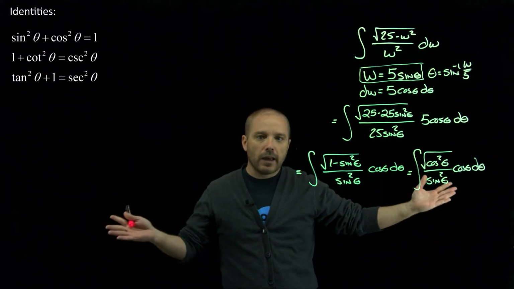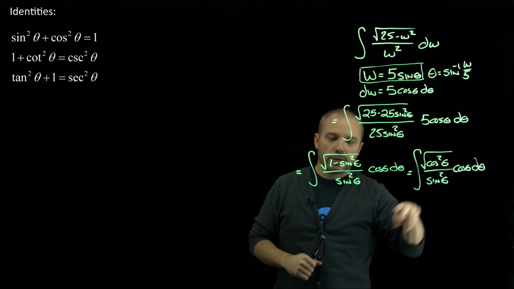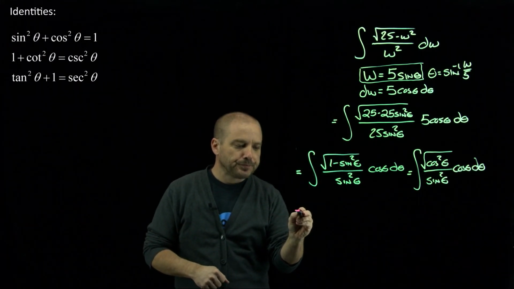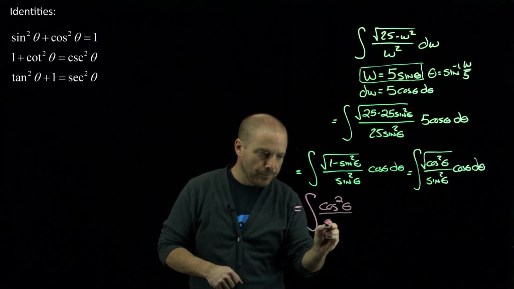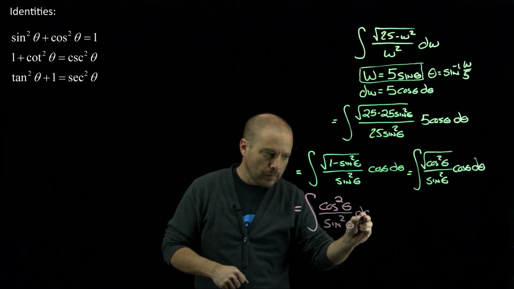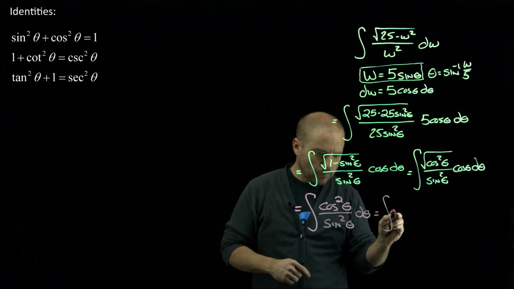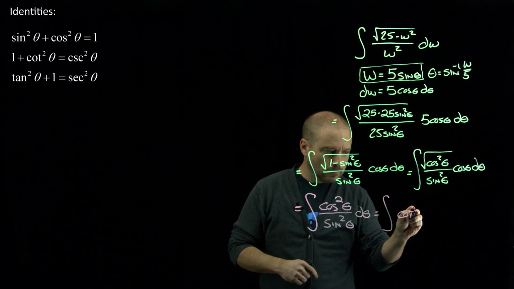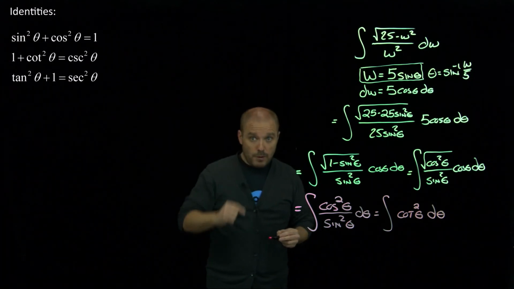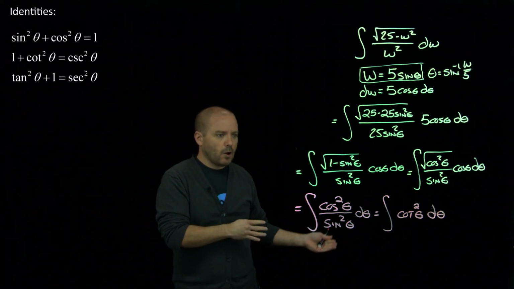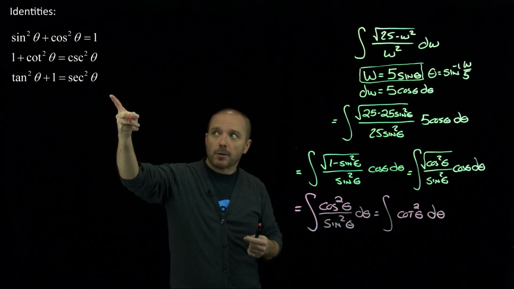So the square root of the square will cancel off. Absolute value can go away. So we'll have cosine times cosine over sine squared. So we have cosine squared over sine squared, which is just cotangent squared. And if you remember from our powers of tangent, and remember cofunctions work the same, so we want to use the Pythagorean identity.